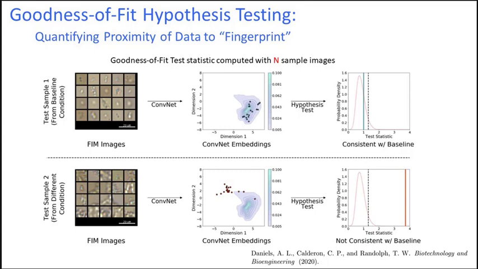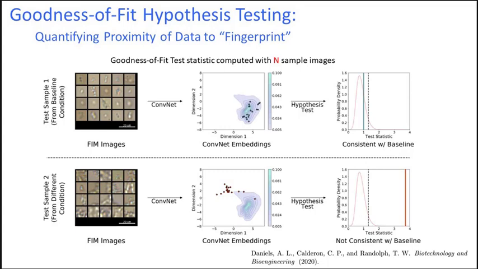For this set of 20 points, this is what the test statistic value was. If we repeated this procedure over and over again, we would get a test statistic distribution under the null, or the baseline condition. This is the distribution we expect when everything's going well. Anything above this line, we have a 95% chance of detecting something going wrong, or 5% of the time it just happens by chance.